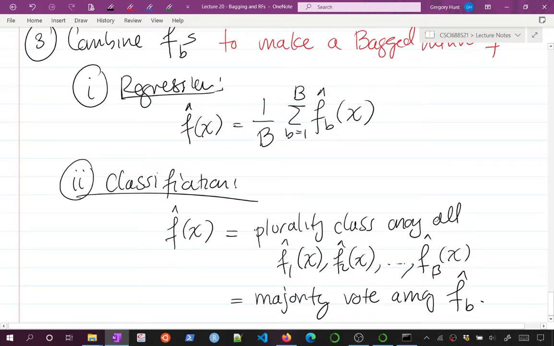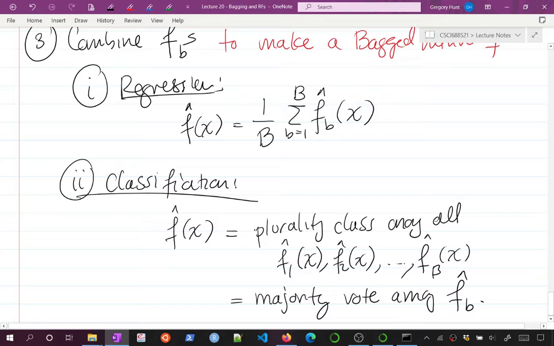A bagged classifier subsamples my data a bunch of times, trains a method on each of the subsamples, and the ultimate prediction is a consensus prediction.